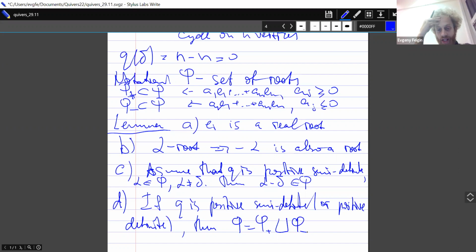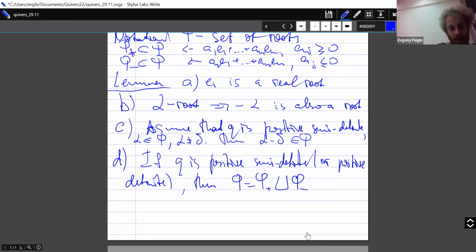And the statement is that the situation is very parallel to that we've seen in the Lie algebra setting. In particular, any root is positive or negative, but not for all quivers, only for a subclass. Okay, so let us give a proof.